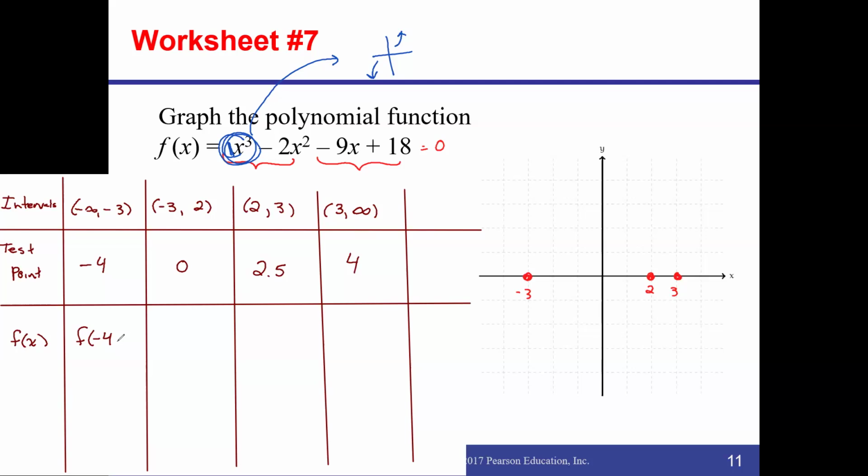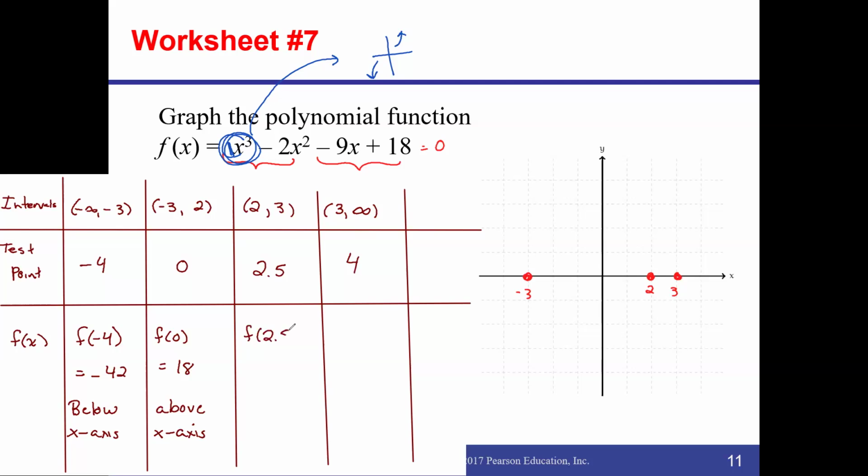So with the -4, that's going to give me a -42. So we know that right now we would be below the x-axis. F of 0 is going to be 18. That's positive, telling us we'd be above the x-axis. Excuse me.